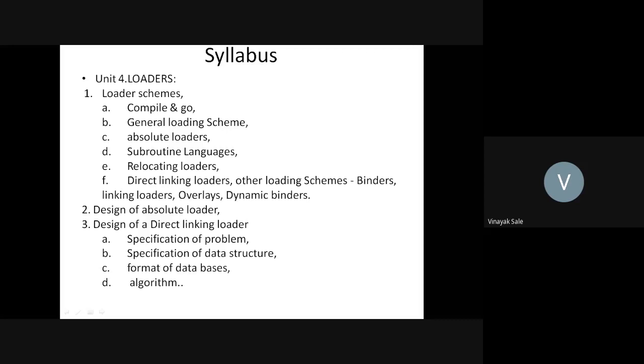Second point, design of absolute loader. Third point, design of direct linking loaders. In that there are 4 points. What is the specific problem statement? Which specific data structure you are going to use for this linking loader? Then the format of that database and which algorithm you are going to use for this linking loader.